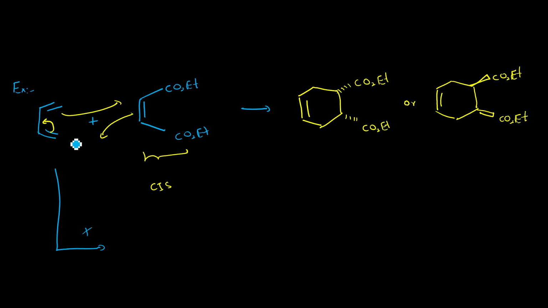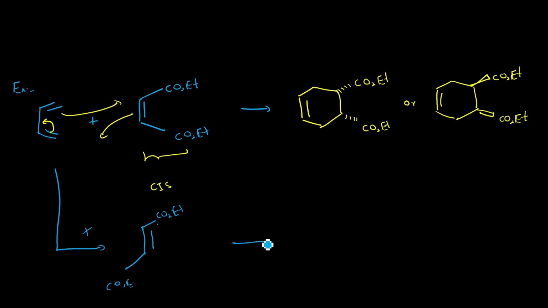Now what if I want you to draw the products for this? So I'm going to add this diene with a trans. Now what would happen? You get the idea, right? Now this is trans, our two groups are on the opposite side. So when it comes to our product, these two cannot be on the same side, because initially you have them on two different sides. It's a trans molecule.